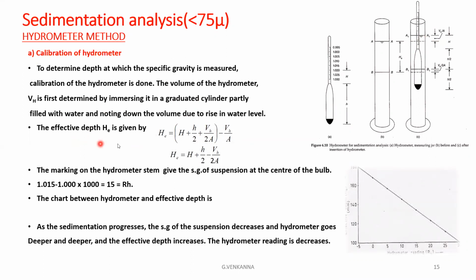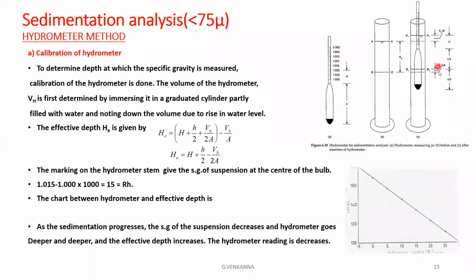In order to find this effective depth, whenever the hydrometer is immersed in this jar, automatically the water level rises from the BB level to B1 dash, and the A level rises to A1 dash. Here the water level rises by half of this height only, because out of the center of the bulb, only half of the portion is immersed at this level.